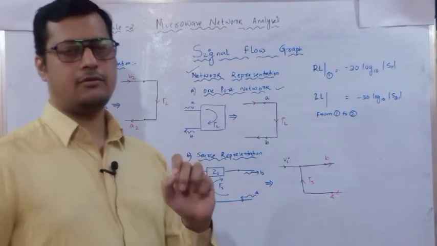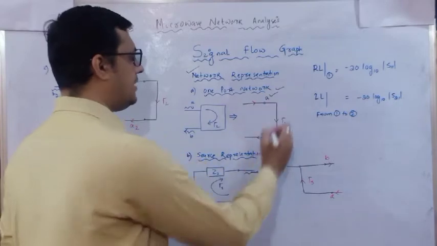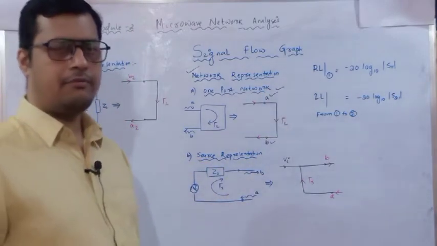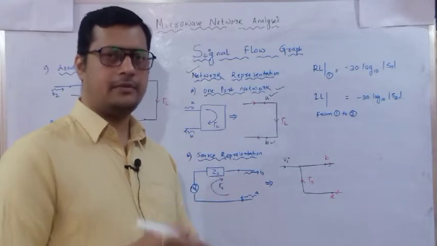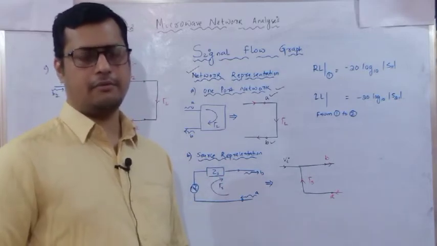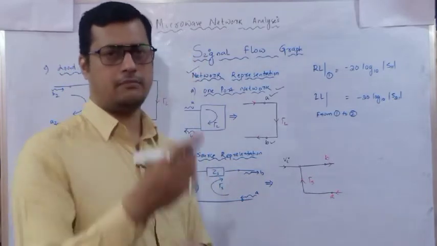One is the incident node, one is the reflected node. What is the incident node? A is the incident node, and which one is the reflected? B is the reflected. So if we form a relation between A and B, we identify only one scattering parameter, that is S11 equals B1 by A1.